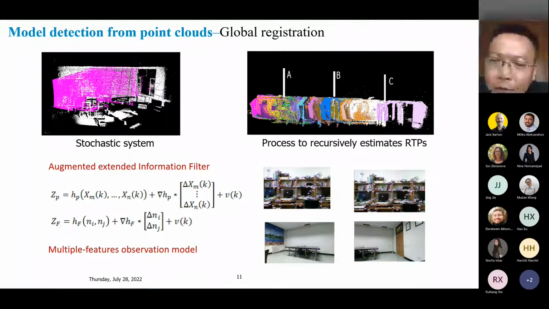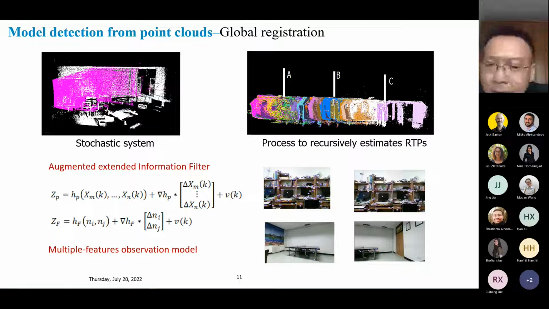And actually, we are not always able to find the closure constraint in the scenarios. So we consider the registration process as a stochastic system, and we process it to recursively estimate the parameters. So we consider the global registration as an augmented extended information filter.